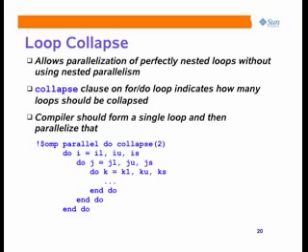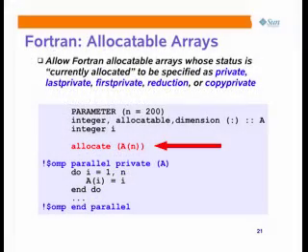In Fortran, allocatable arrays now can be privatized, even if their status is currently allocated. In 2.5, you couldn't do that if their status was currently allocated. So now in Fortran, you can allocate the array here and then say private A. That will be allowed in 3.0.